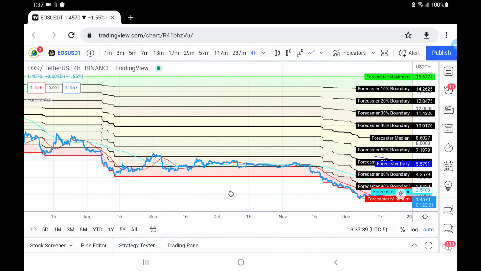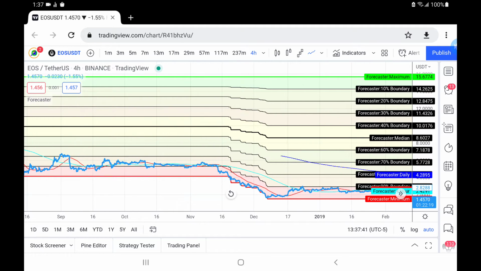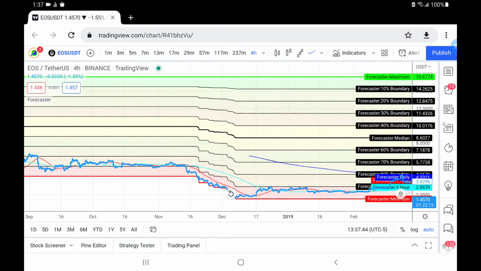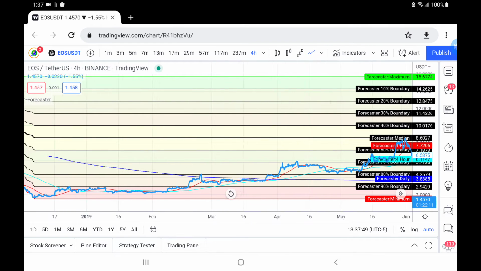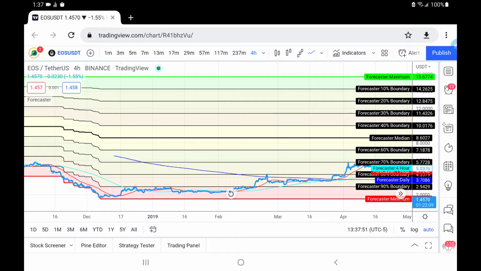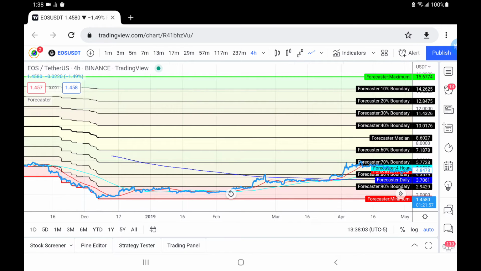And you can see from the standpoint of the market, it's not done. It's still making newer lows. Okay, it finally settles at this point back here around December of 18. And it begins to make a slow, reasonably nice uptrend.